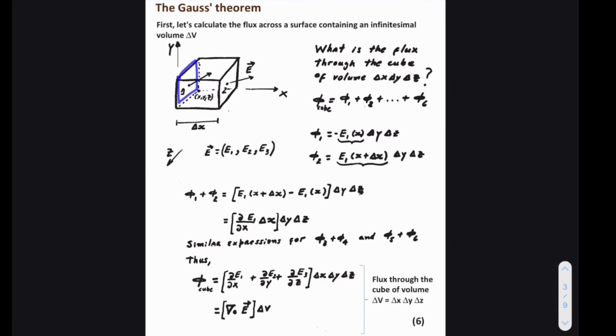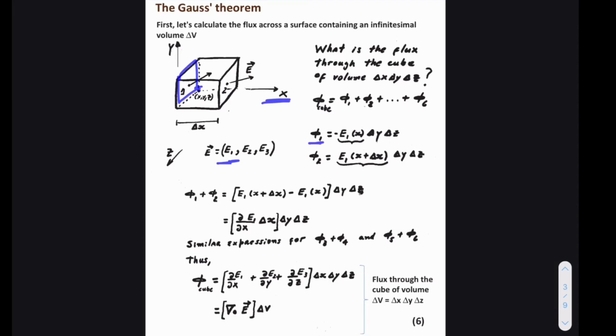And the perpendicular direction to the surface is this x direction. So the component of the electric field which will pass normally to the surface will be E1, which we'll have to evaluate at this point x.